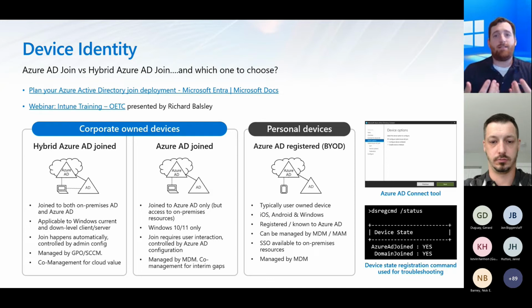And this just is a state as a personally owned device, and certain policies will take effect, but not all policies will take effect. And so this is really good when we think about security, right? We can manage just the applications on those devices, but we have to know about them. And that's where we have the concept of Azure AD registered. That we won't get too far into that today. We're really going to focus on the Azure AD join column.